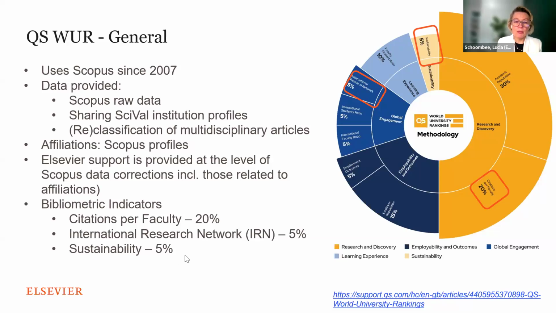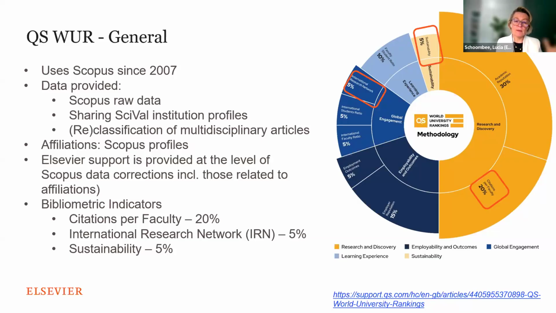So the three important bibliometric indicators that come from Scopus data and SciVal data is citations per faculty, which accounts for 20%. Then the International Research Network, which also looks at international collaboration, but it has a little bit of a different perspective. It's more interested not in the number of co-authored publications, but more in terms of the diversity of the collaboration.